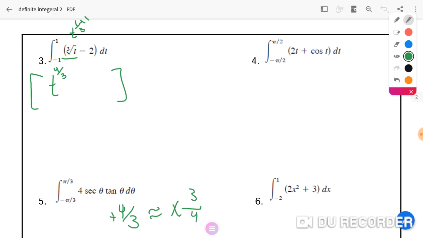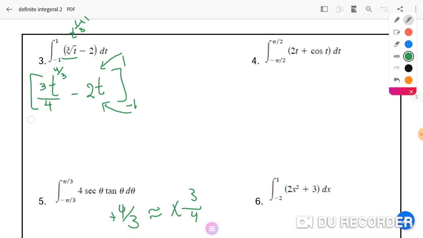So here, instead of dividing by 4 over 3, I multiply by 3 over 4. I think all of you know this one from quarter 3. Okay, minus 2t. Do you know how we get the integration from negative 1 to 1?